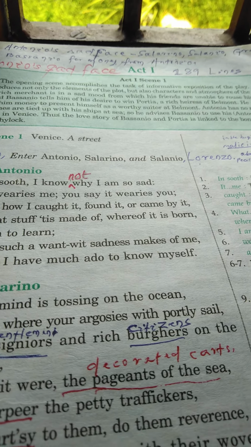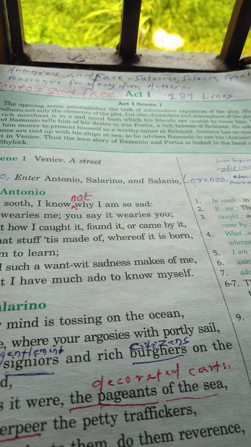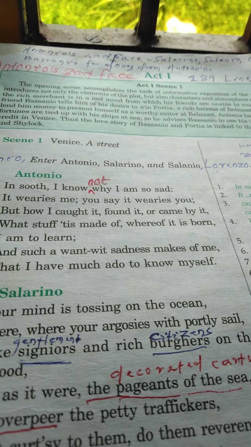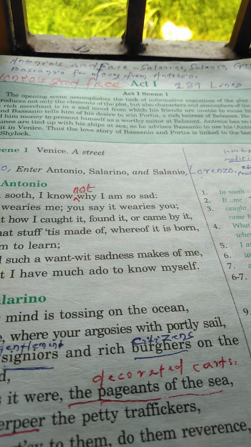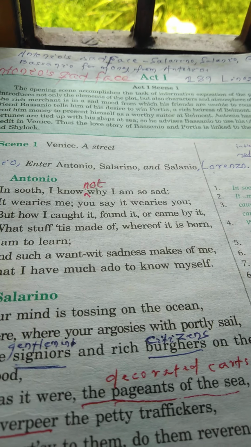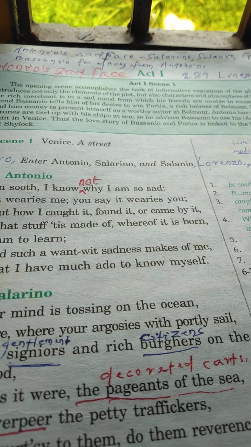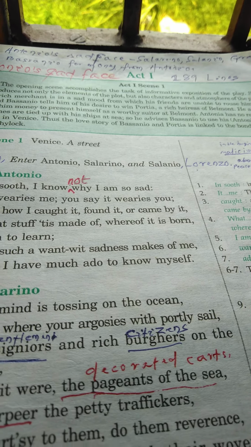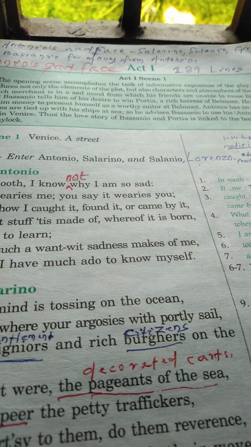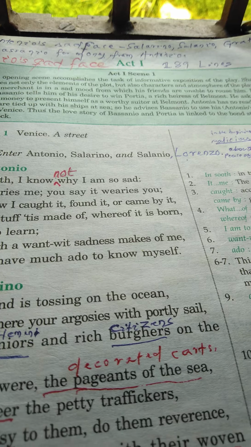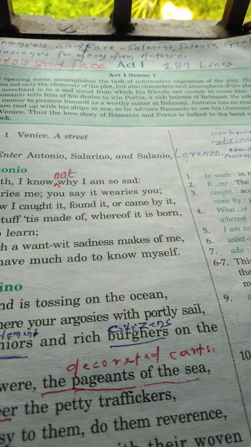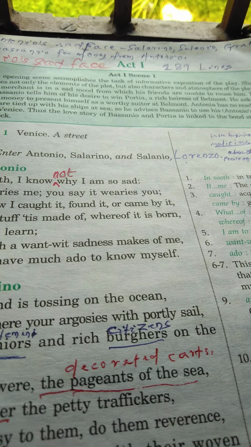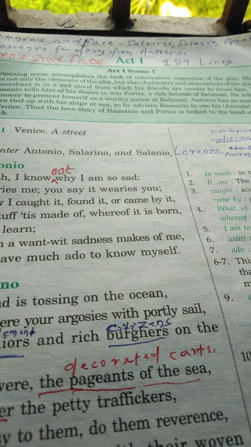In sooth, really, as a matter of fact, I don't know why I am so sad. This is typical of Antonio. Antonio admits that he is sad, but he doesn't know why he is sad.